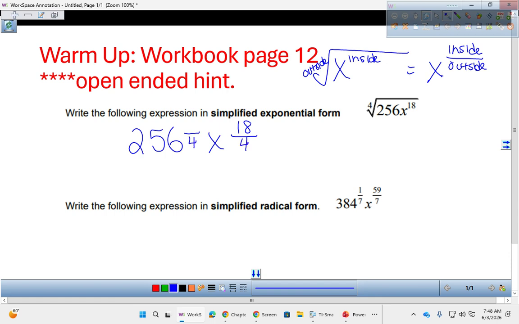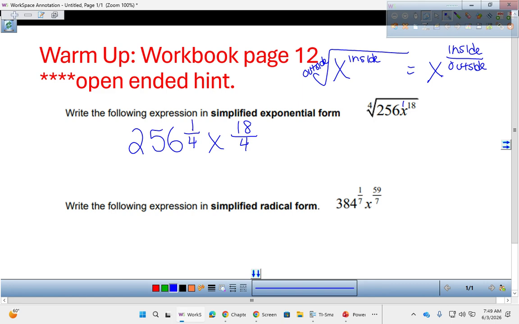The x already has a numerator because the inside exponent is 18. But the 256 doesn't have a numerator. In other words, the 256 doesn't have an exponent. What could I put? 1. So I'm going to put a 1 here, and I'm going to put a 1 here.